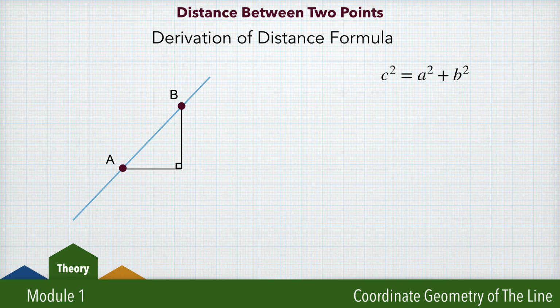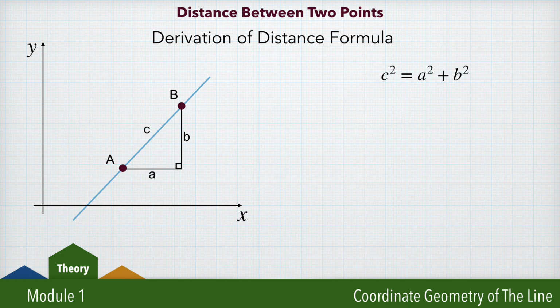Using the Pythagorean triple, the length of the hypotenuse is C, and the horizontal and vertical lengths are A and B. When the triangle is placed on a Cartesian plane, the horizontal and vertical lengths can be read directly from the axis. The length of the horizontal side is the difference in the x coordinates, and the length of the vertical side is the difference in the y coordinates.